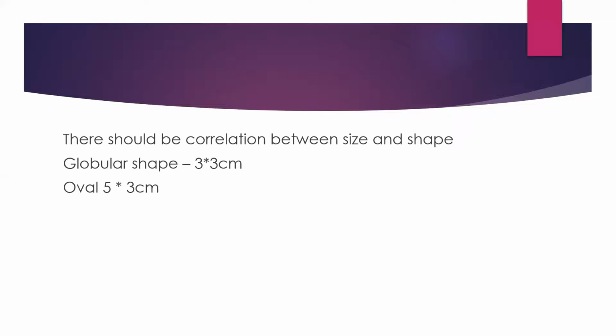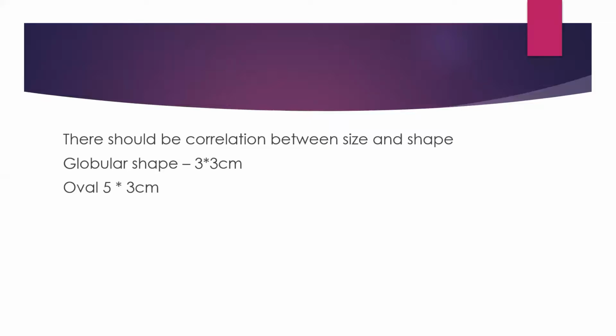But while you are describing size and shape, mind what shape you are telling and what your dimension is. In case of a globular shaped swelling, if you tell that the swelling is 5 centimeter by 3 centimeter, then that will be wrong, because in a globular swelling the length and breadth will be equal.